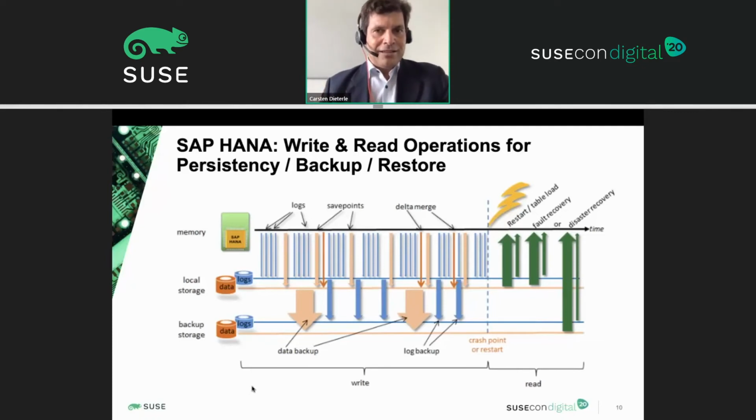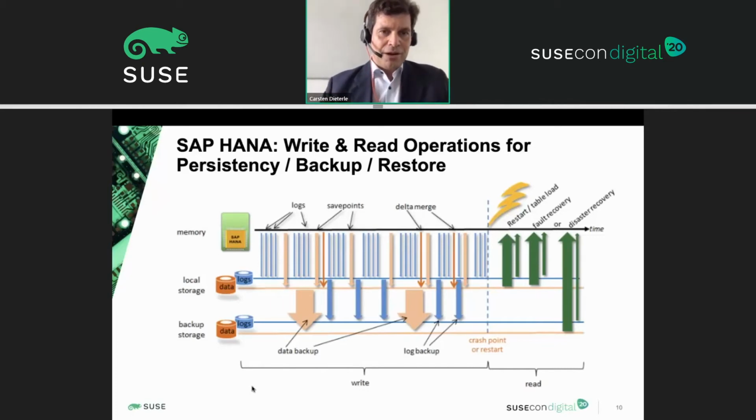Even when we, and that is special for HANA, when we have the data merge process where the two different delta stores in the HANA database are merged to one. That is as well an I/O intensive process. Writing the logs, they must be written very, very fast with low latency to the disks.